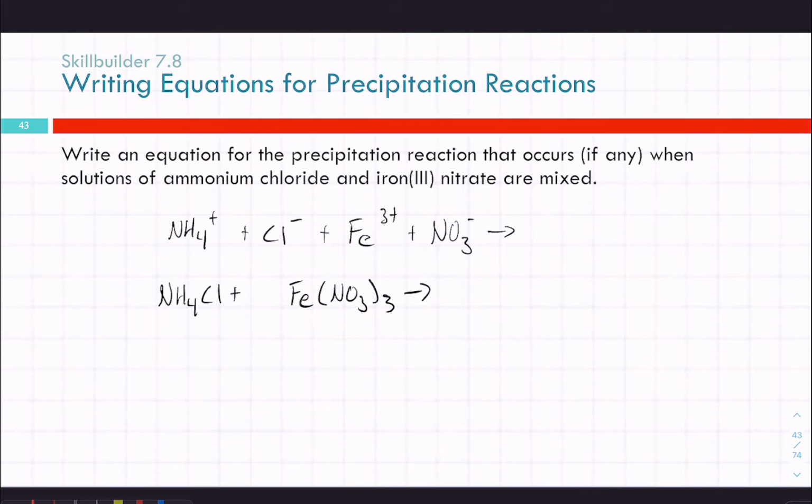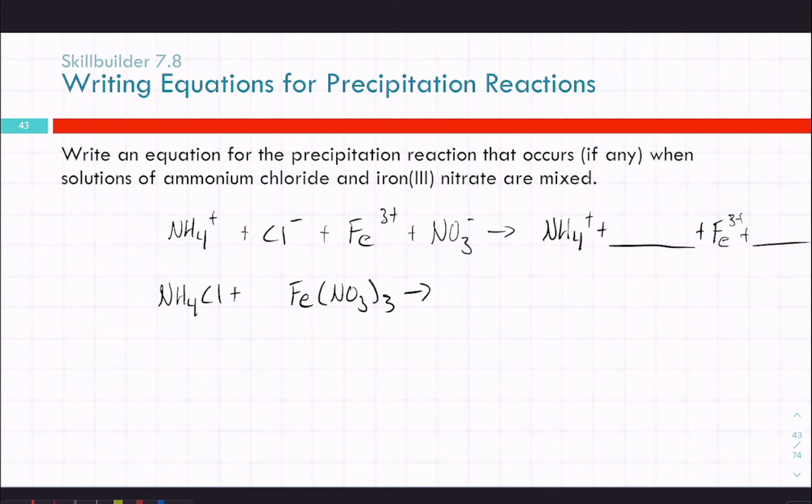Okay. Now with that, we can actually just use this that we wrote up here, kind of like we did last time on the bottom. But we're going to take the cations, we're going to move them over, and we're going to flip the anions. So ammonium's the first on the left. So put ammonium first over here. And again, that's going to be with the other anion and iron 3+ plus the other anion.